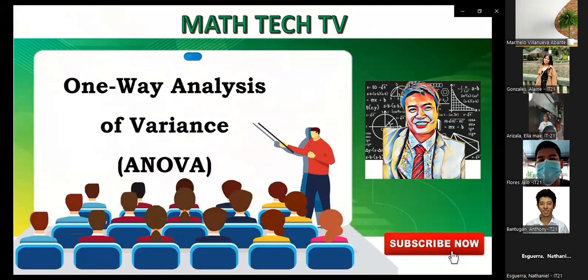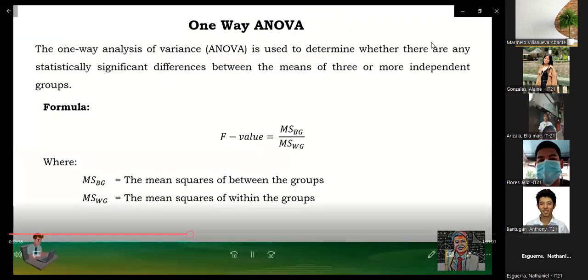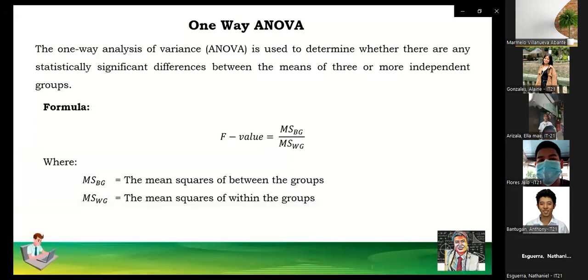Ano nga ba yung one-way analysis of variance na yan? By definition, the one-way analysis of variance or ANOVA is used to determine whether there are any statistically significant differences between the means of three or more independent groups. Three or more. Sabihin, test of significant difference din siya.